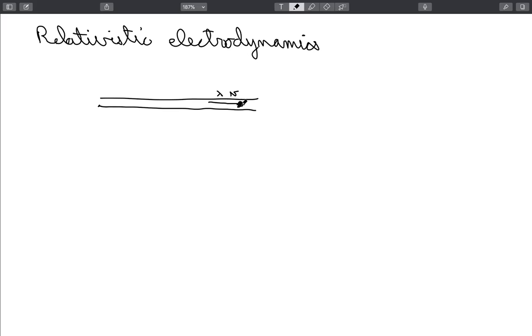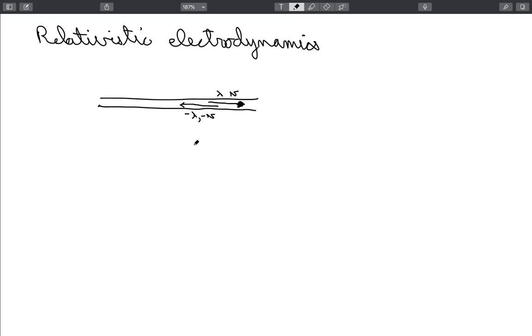Okay, nice little arrow here. But also present in the wire is another piece of current which has a line density minus lambda, and which moves at velocity towards the left, if you want, so velocity minus v.